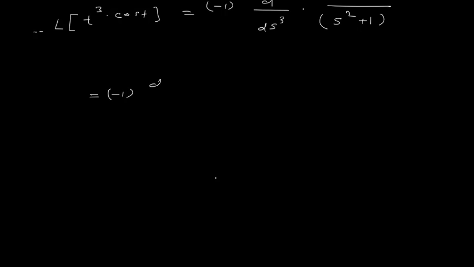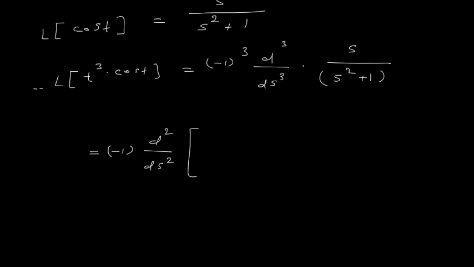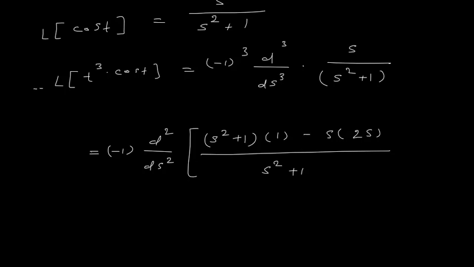It is d square by ds square. And here I have to differentiate, means I have to use the u upon v method. So it is s square plus 1 into derivative of s, which is 1, minus s into derivative of s square plus 1, which is 2s, whole divided by s square plus 1 the whole square.